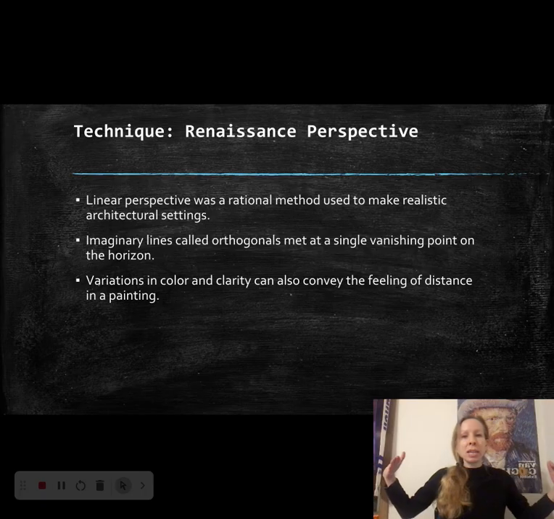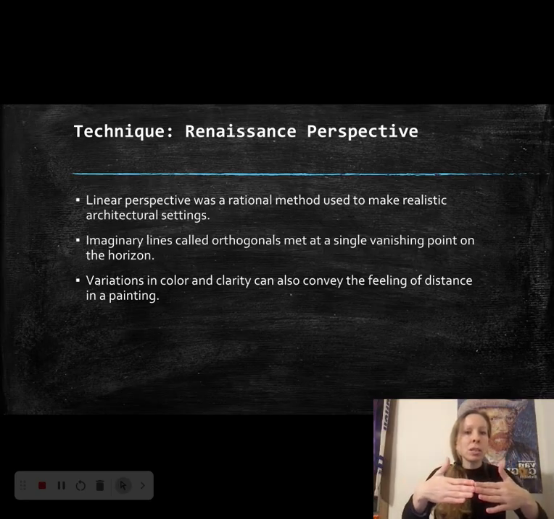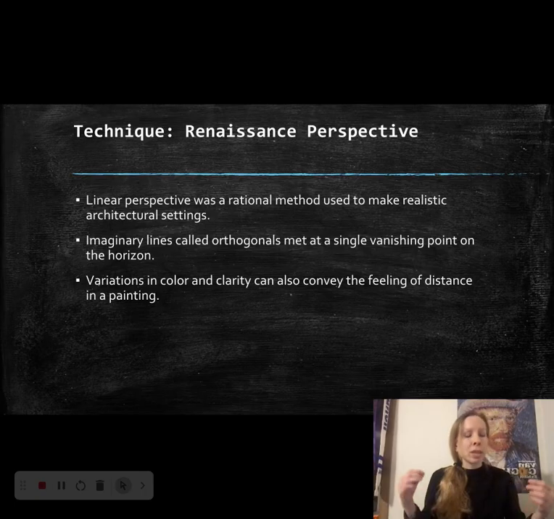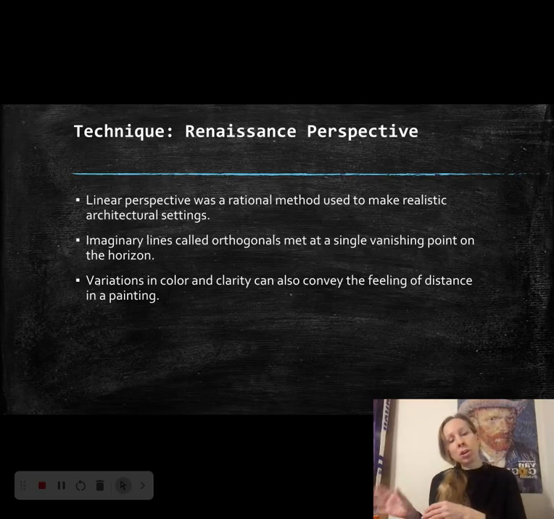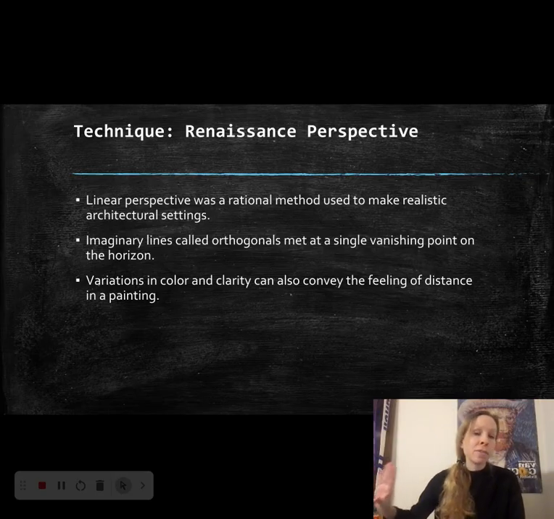So everything is going back to a single point in space. There are imaginary lines called orthogonals, and they meet at a vanishing point on a horizon line. Everything grows smaller and smaller as it goes back, but it's done in a very mathematical way. And also, if it's rendered in color, the artist uses variations of color and clarity to help convey that feeling of distance.